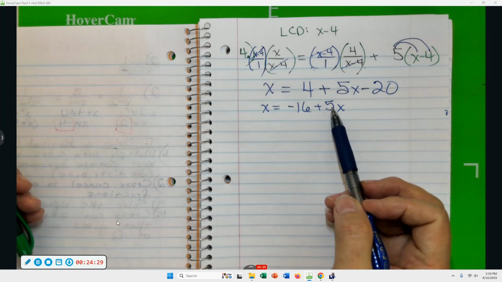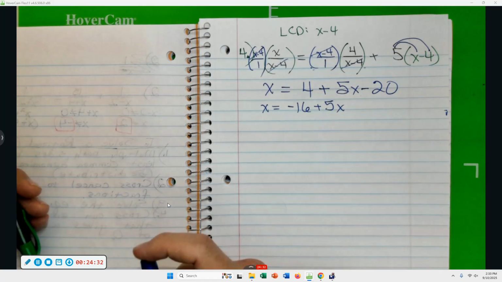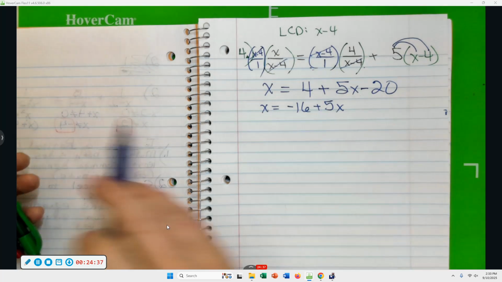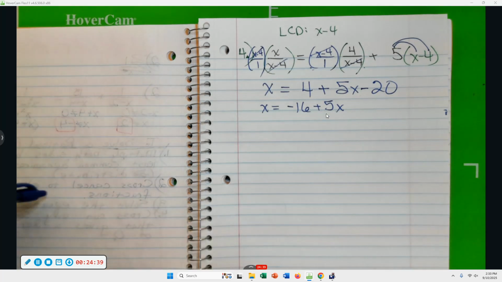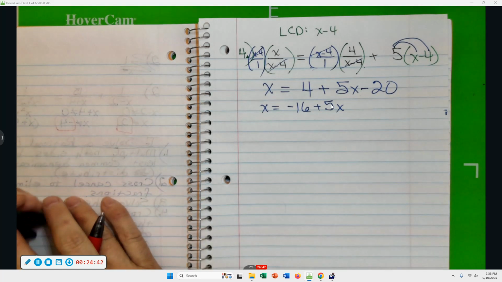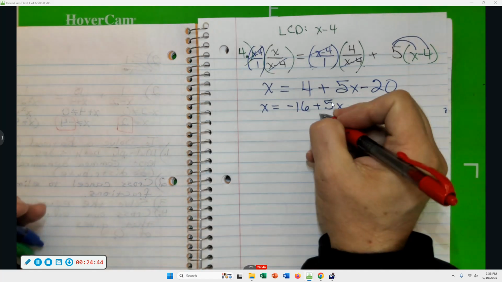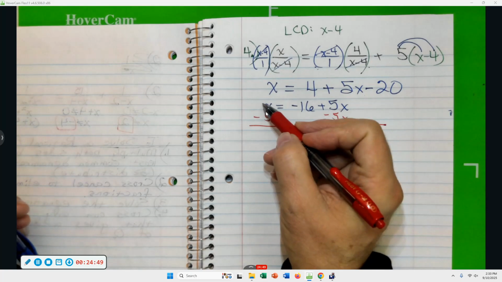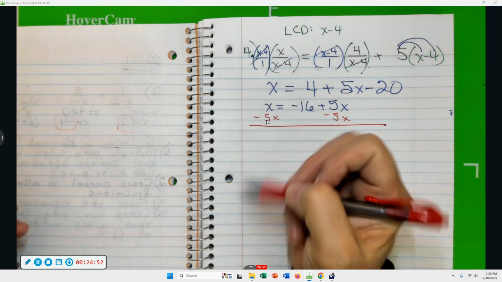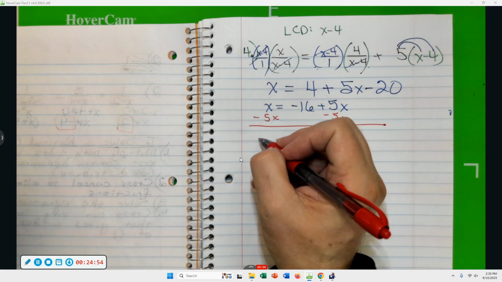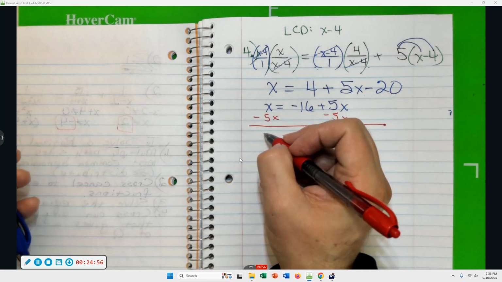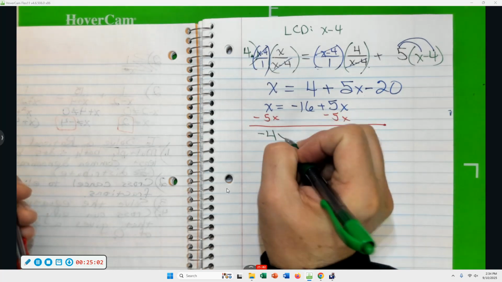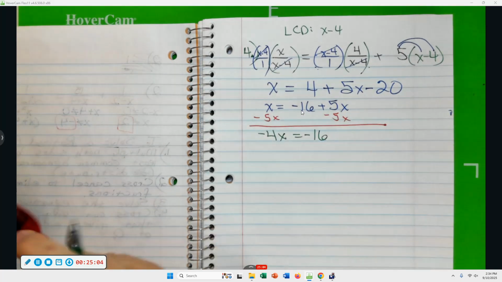Let's get all the x terms on the same side and then divide. I'm going to move the 5x over to the left by doing what? I heard subtract. So I'm going minus 5x, minus 5x. 1x minus 5x gives us how many x's? 1 minus 5 is negative 4x equals negative 16.